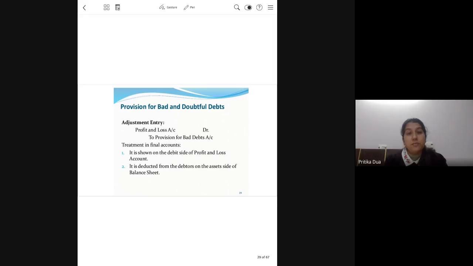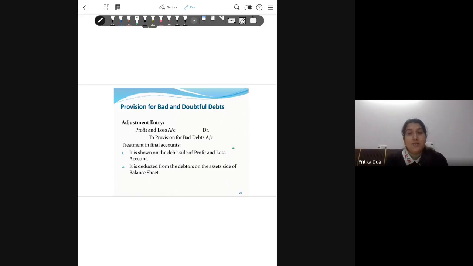So how is provision for bad and doubtful debts treated in the final accounts if given as an adjustment? So you have a look here. The two treatments are given here.